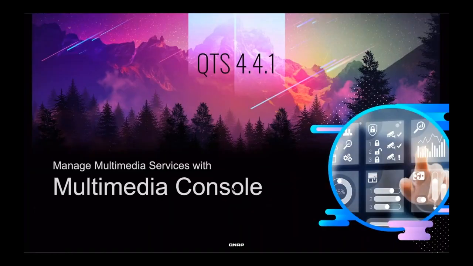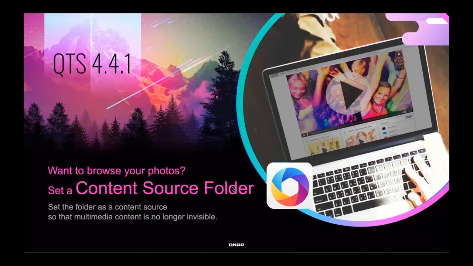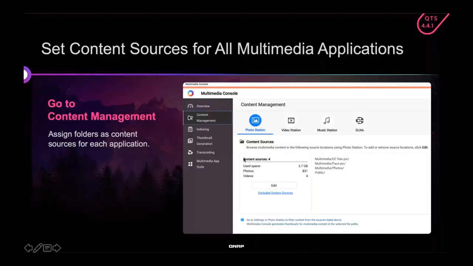And the last thing I want to talk about is Multimedia Console. Multimedia Console allows you to manage all your source folders for your different multimedia apps. So in this example, I can choose these folders as a source for Photo Station. I can choose different folders for Video Station, different folders for QuMagie, for example.